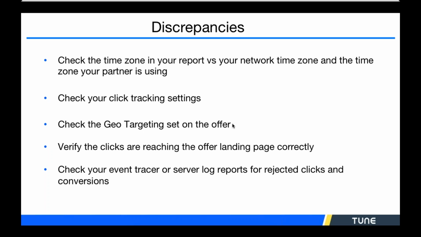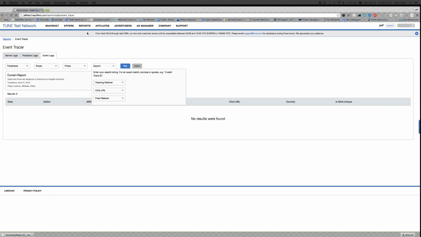Now this kind of goes into that next option where we verify the clicks are reaching the offer landing page correctly. So the way I do this is I take my test tracking link for the offer and I make sure that it's going to the offer landing page.